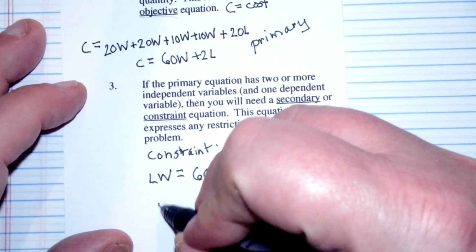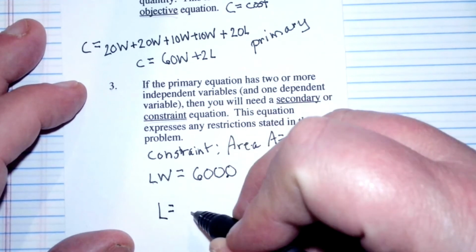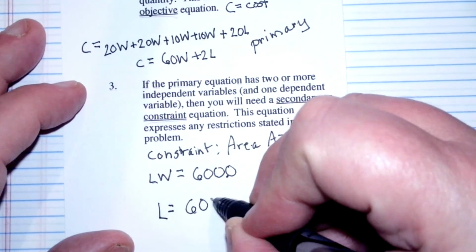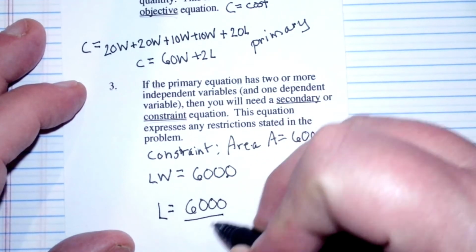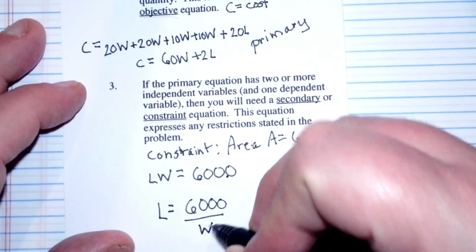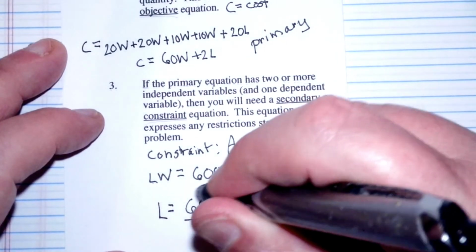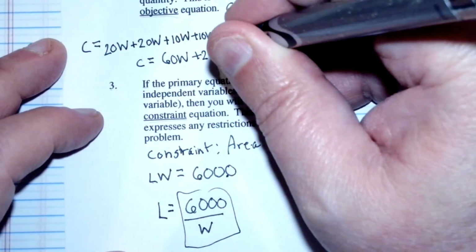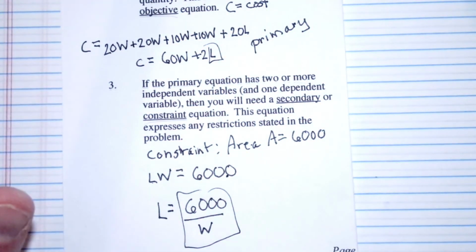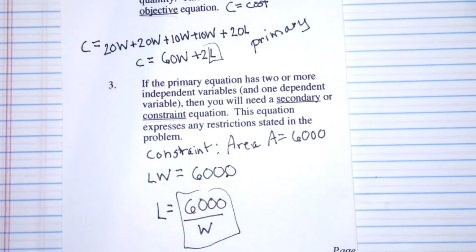I think I'll solve it for L. So 6,000 over W is L. And now what we can do is substitute this value in for L in the original, or back in the primary equation, and we will have a primary equation that depends on only a single variable.